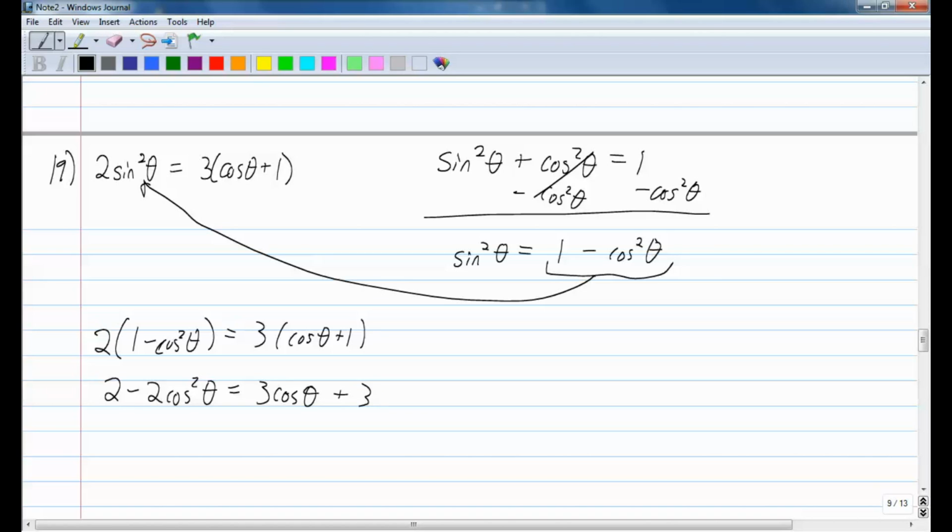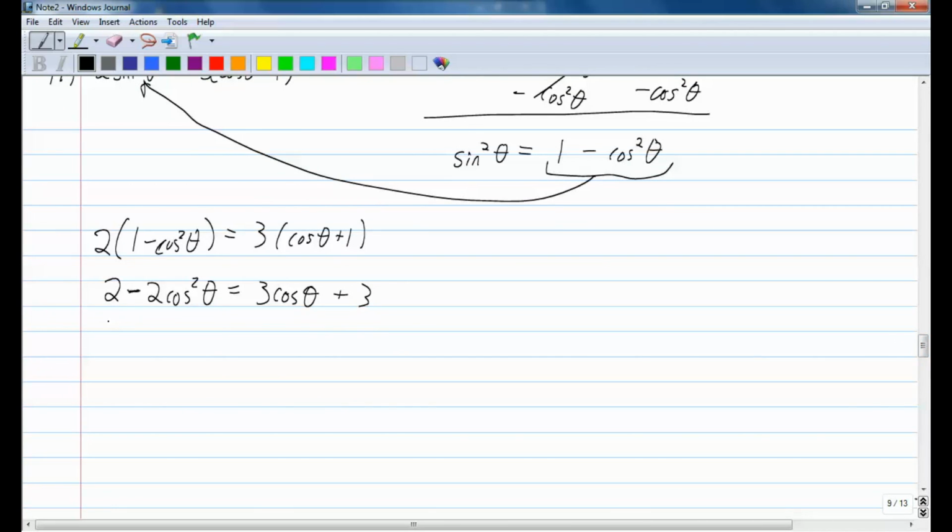Now, to make this easier to factor, I want to get the cosine squared on one side, and I want to make it positive. So I'm going to have to move all of the terms to one side, and I want the cosine squared term to be positive to help me factor easily. So I'll just take these two terms that are on the left side, and I'll move them to the right side. So I'll say minus 2 and plus 2 cosine squared on both sides.